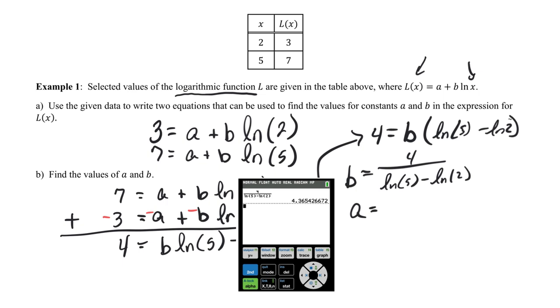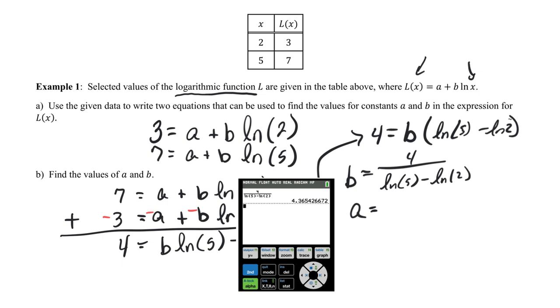Write a equals, and you can choose either one of these equations. I used the top one. I took the 3 and I subtracted b ln of 2. We can do this much easier just using our calculator. If we do 3 minus, and then we highlight that fraction that we just put in and hit enter, it'll rewrite the fraction on our calculator, and then put ln 2 after it.